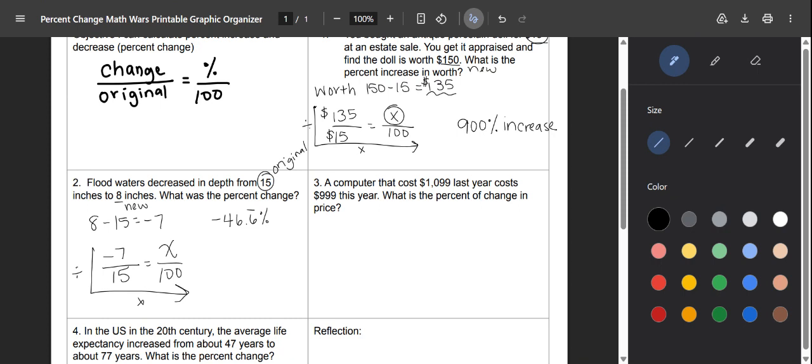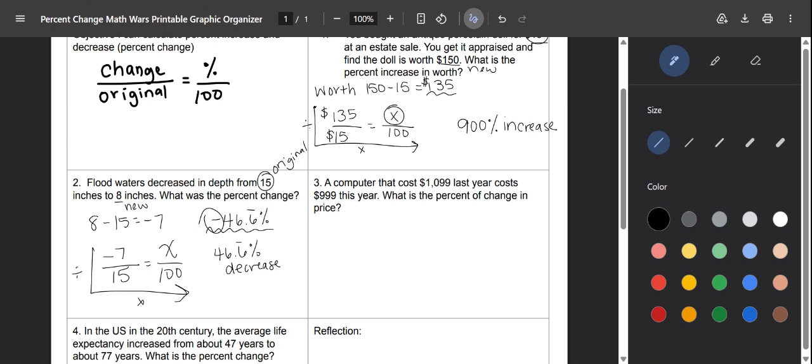Please note that because it was a decrease, I said -46.6 continuing percent to show that the change decreased, right? If I did not have a negative number option, I could also say 46.6% decrease. Either use the word decrease or the negative sign to show that the water level went down, okay?